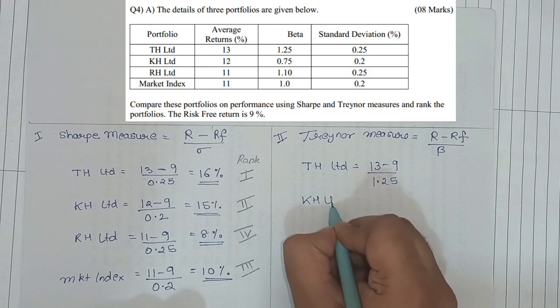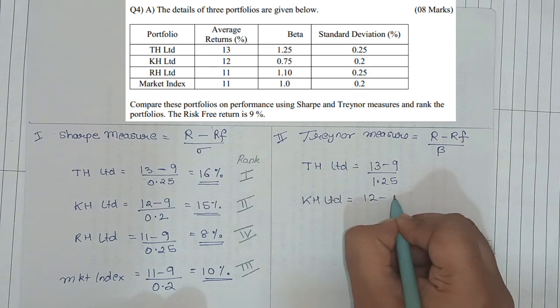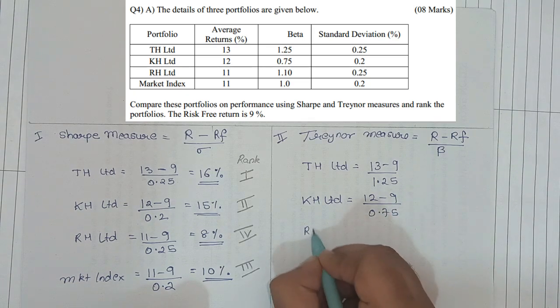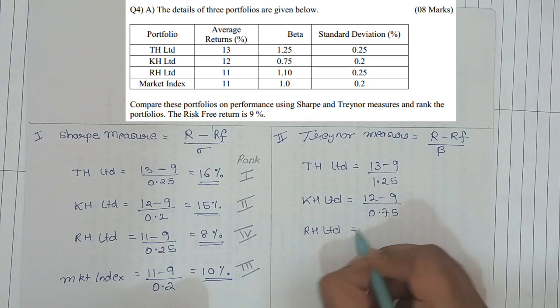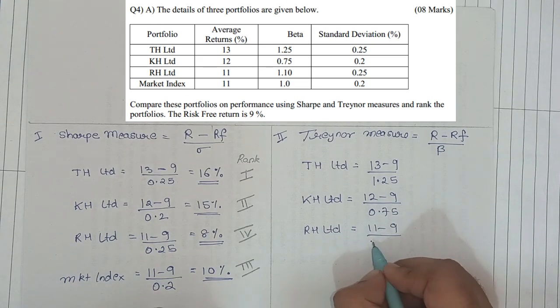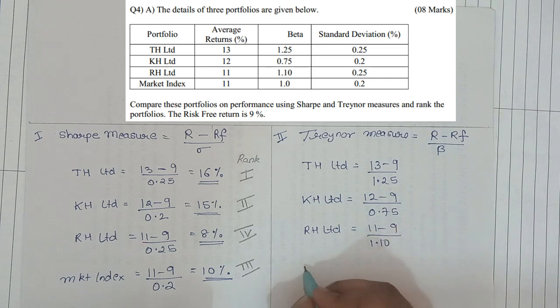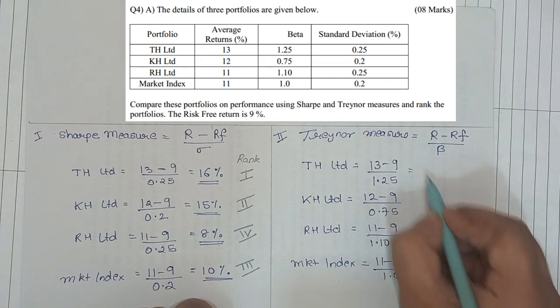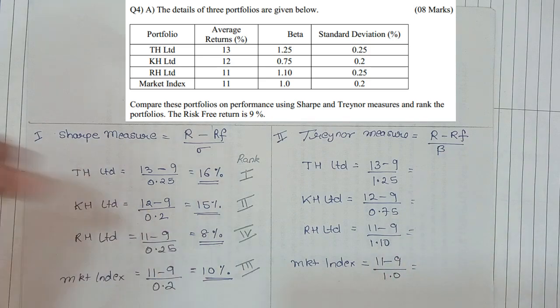For KH, it will be 12 minus 9 divided by the beta 0.75. For RH Limited, it will be 11 minus 9 divided by 1.10. And for market index, 11 minus 9 divided by 1.